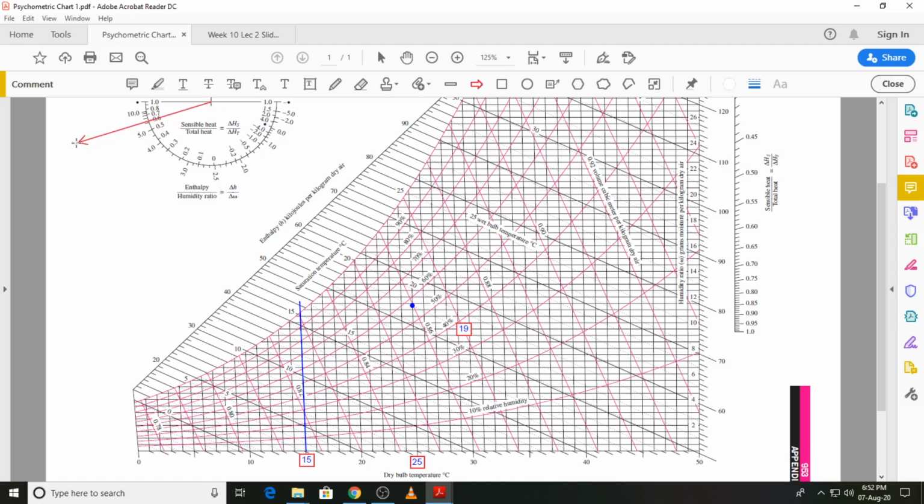So we have this is 5, then we have 6, 7, then 8, and almost in the center of 8 and 9 we will have 8.66.